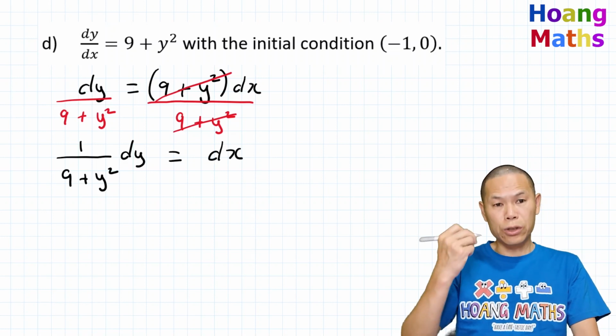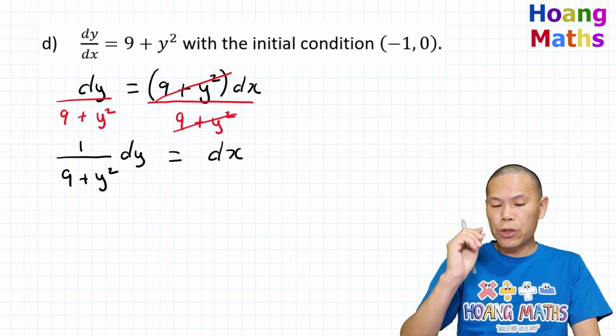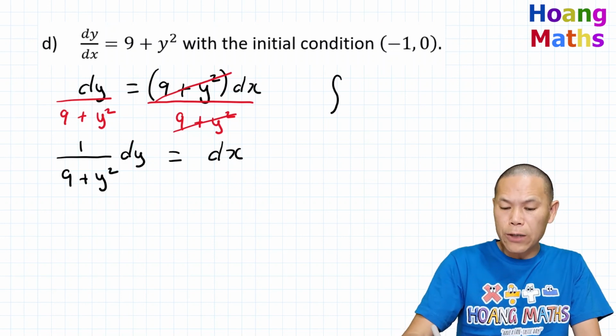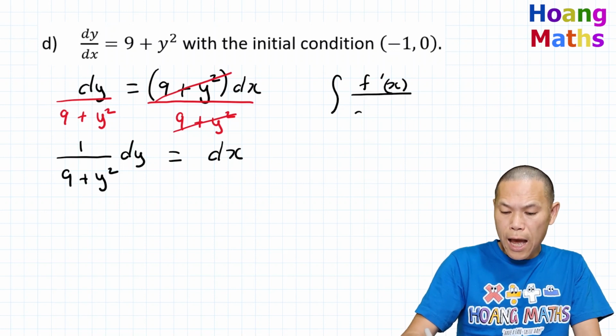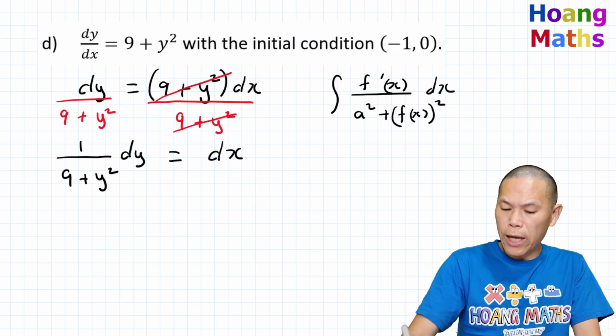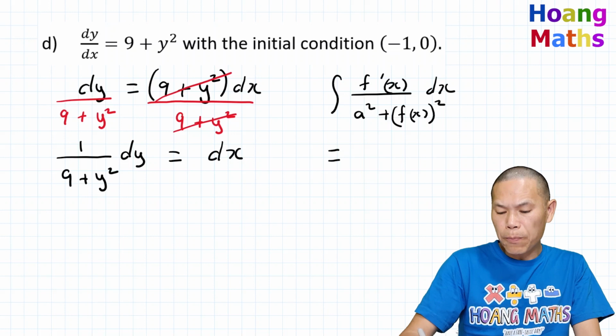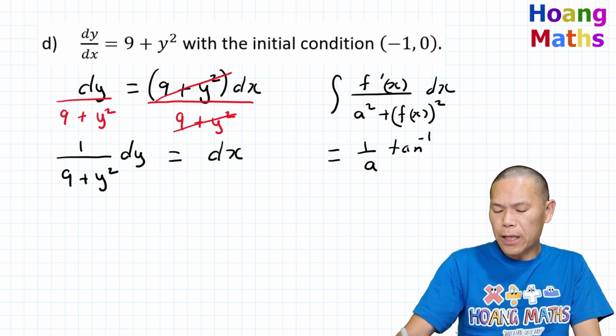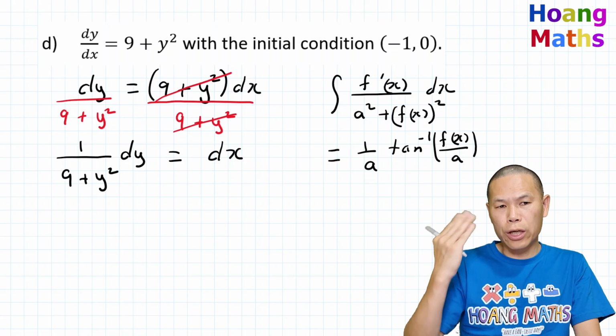dx. So don't forget. So now we need to know that if we integrate f dash x over a squared plus f of x squared with respect to x, of course, this will give me 1 over a tan inverse of f of x over a. So don't forget, okay? So keep that in mind.